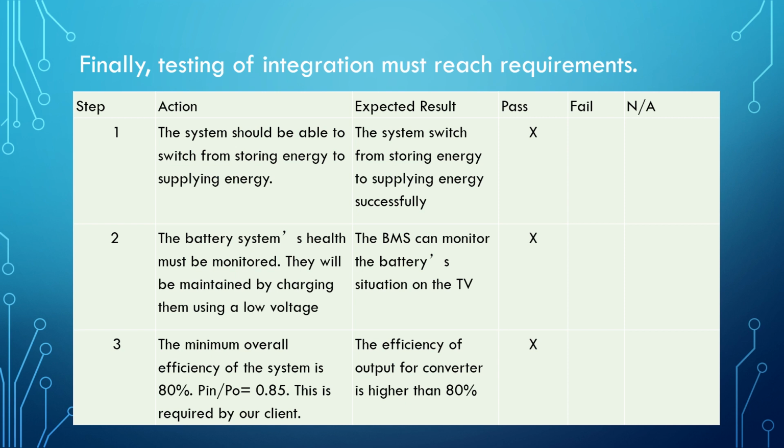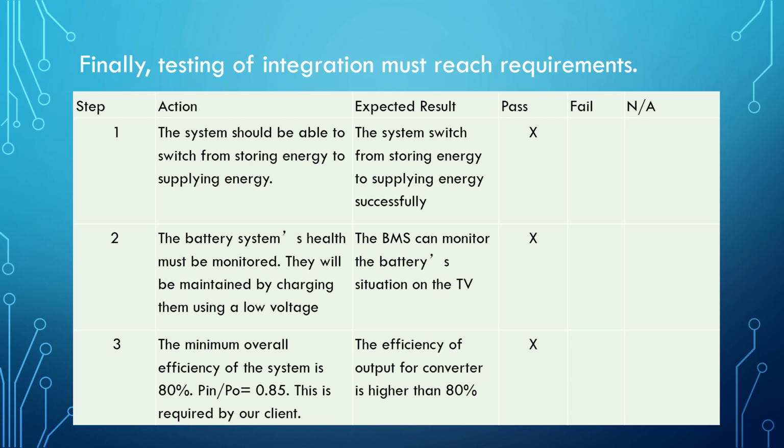The first one is the system should be able to switch from storing energy to supplying energy, and this one is passed. The second requirement is the battery system's health must be monitored. It's also passed.